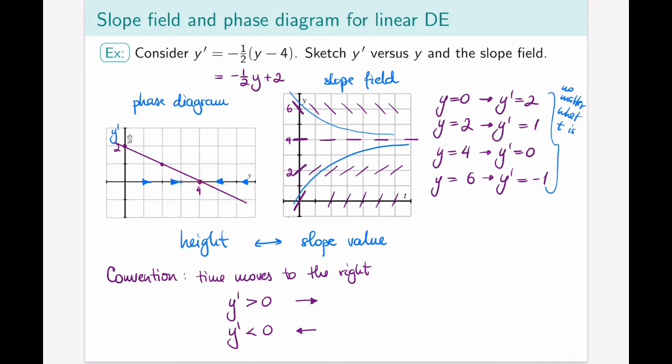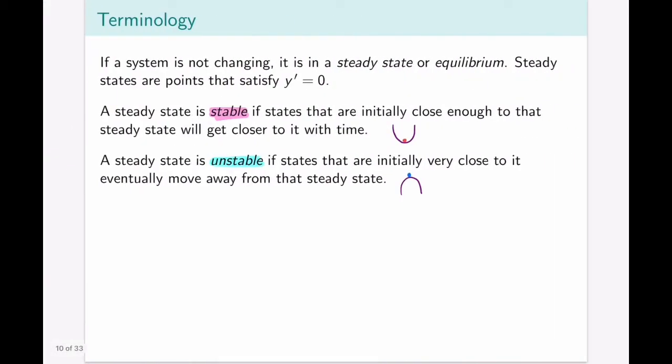So I would like another notation to be able to distinguish the equilibria on my phase diagram as stable and unstable. So here is what we're going to do. On the phase diagrams, we're going to introduce a very small notation. We will use a filled-in circle for a stable steady state, or equilibrium.